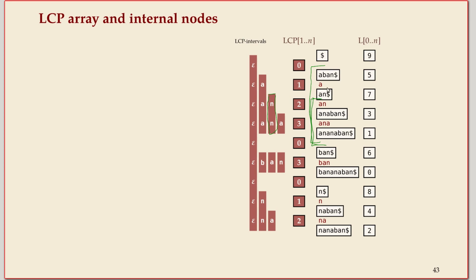Now, there's some structure to those intervals. You can always just write them down. If you write the suffixes in sorted order, you can figure out how long the common prefixes are, and then you will always find this nested structure. A few remarks: you can jump up levels. It doesn't have to be 0, 1, 2, 3.